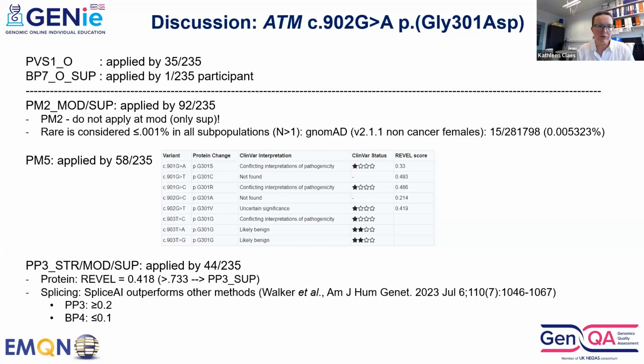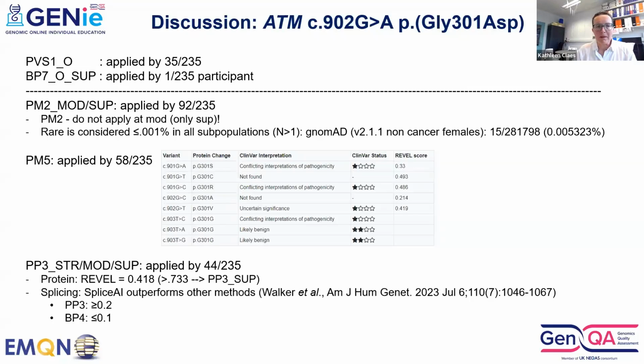You should note what the cutoff is. This can be gene dependent, and for ATM, the cutoff is determined at less than 0.001% in all subpopulations. And if we check in gnomAD non-cancer females, you can see it was 0.005%, which is higher than the cutoff that is allowed.